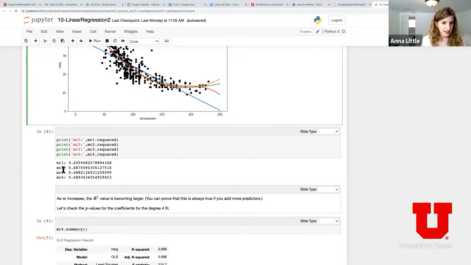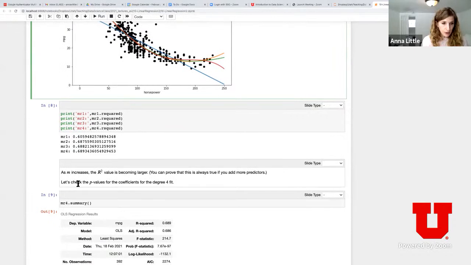And then the second degree polynomial can account for 68.8%, and then 68.8 again, 68.9. So we see a big jump in R-squared from the first degree to the second degree model, but after that, it really doesn't change a whole lot by increasing the complexity.